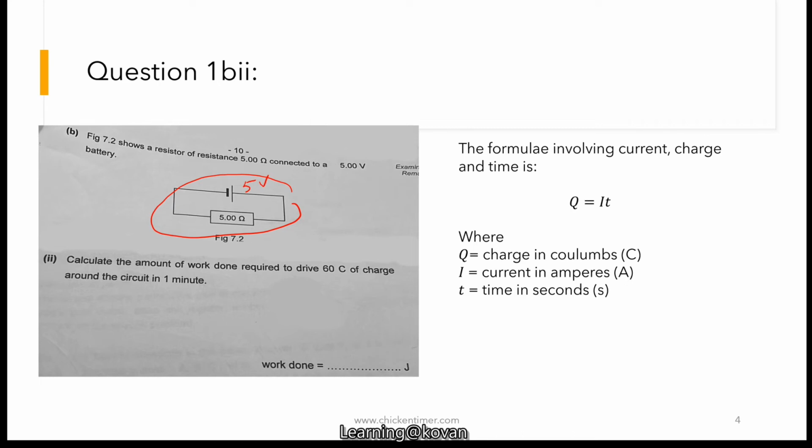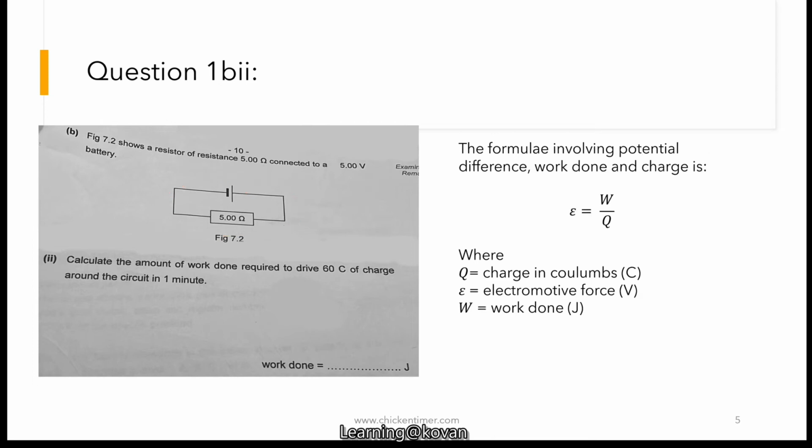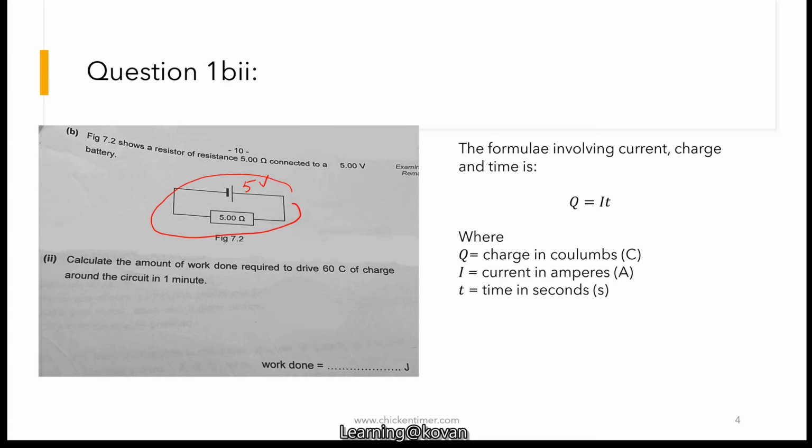So I pull out one, which is Q equals IT, that means charge equals current times time. Then we have another one, which is EMF equals work done over charge. So then you have to figure out whether these two formulas are enough or there is another third one.